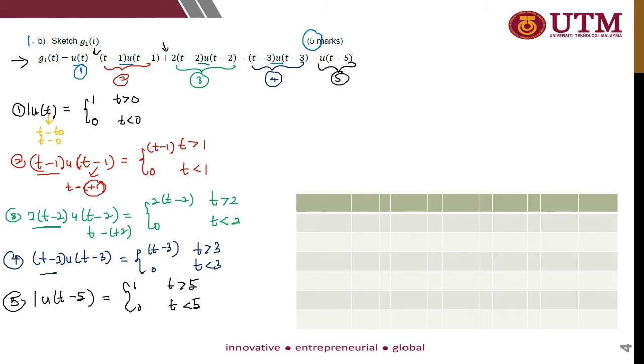To get g1(t), the first component will be subtracted by the second component, and then plus the third component, and then minus the fourth component, and then minus again the fifth component, and that will give you the total. So let's determine the range of t. The first one, the least one, is when t is less than 0.